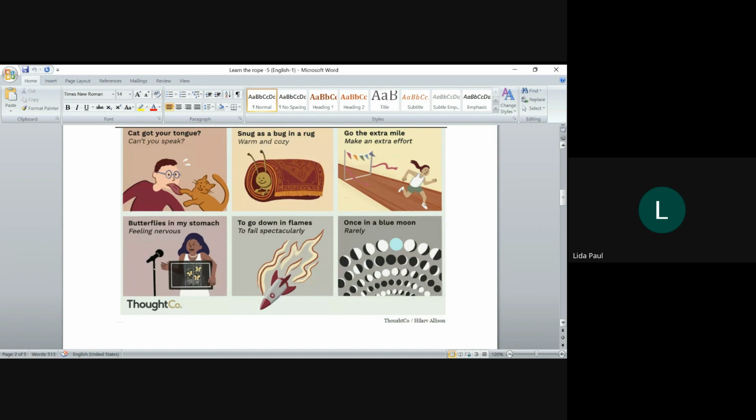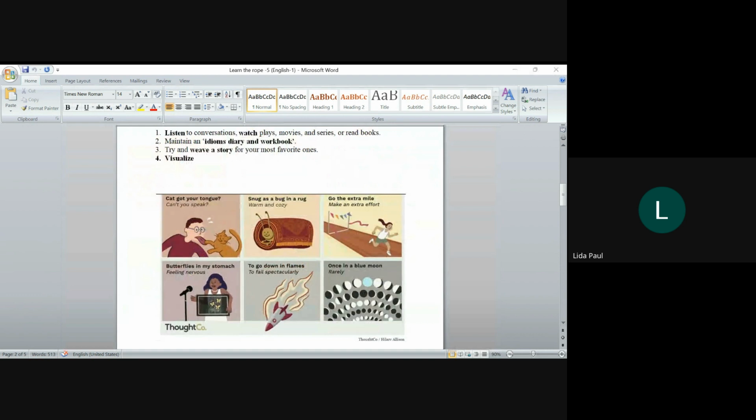Look at the visual representation, right? Warm and cozy. And then to go down in flames, to fail spectacularly. So one method is this: when you have a phrase or an idiom, you can try to visualize it and then try and understand what it means. Okay.